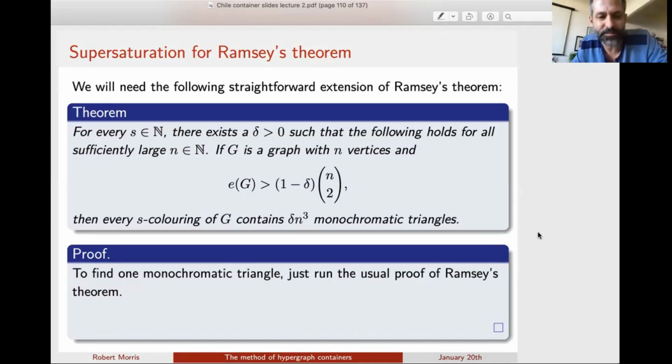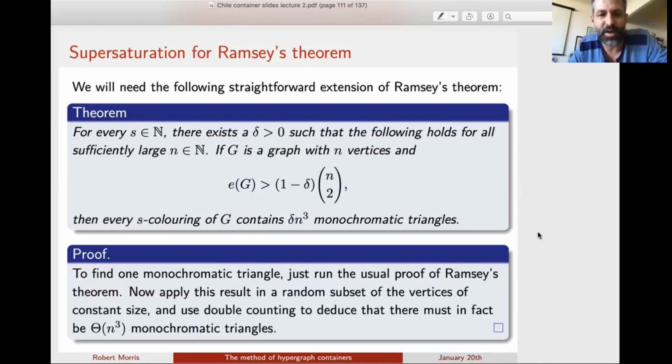And then, how do you find many? Well, we saw in the exercises on Monday how to prove a supersaturation theorem for Mantel's theorem. There are various ways to do it, but one simple way is to look in each large constant-size subset, and typically in there you'll see the same properties. If you look at a random subset of the vertices of constant size, then most of those will be pretty dense.